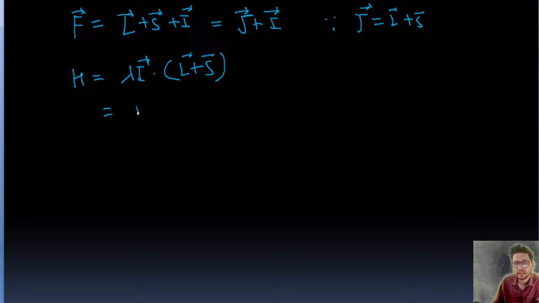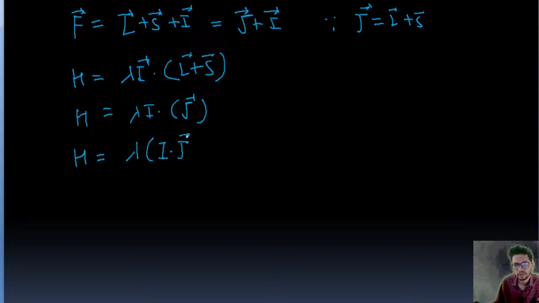So we can write this as lambda I dot J, because L plus S is J. So the H value is lambda I dot J. This is the value of the Hamiltonian.